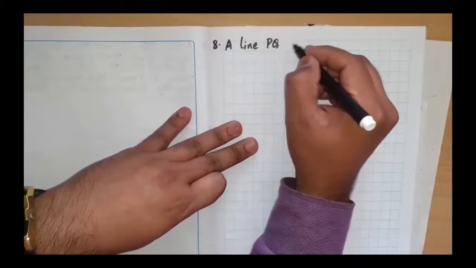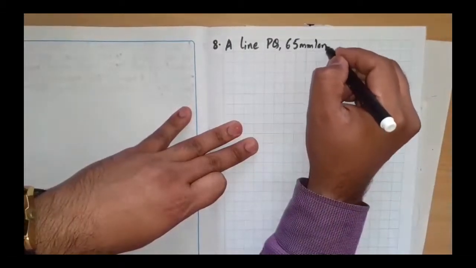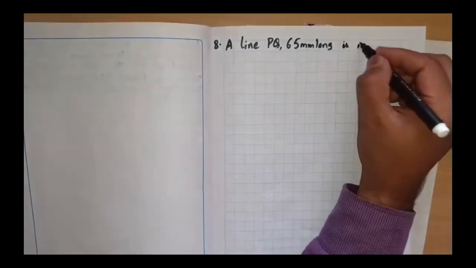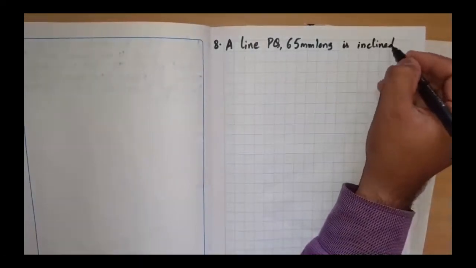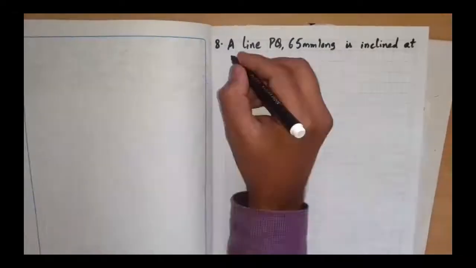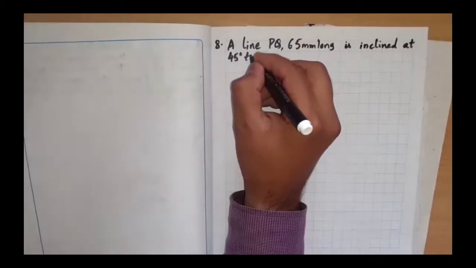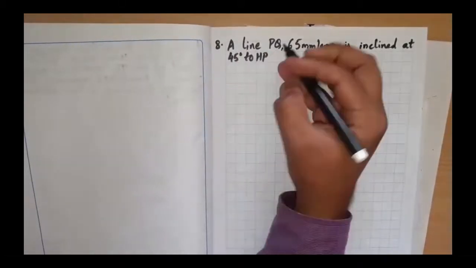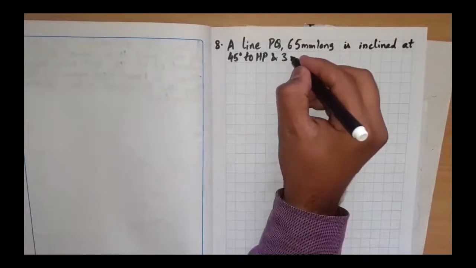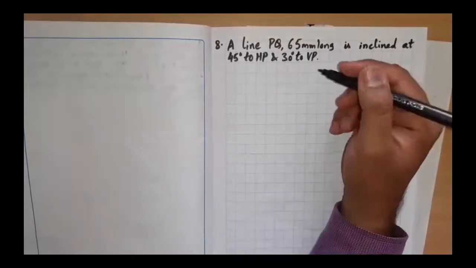A line PQ 65 mm long is inclined at 45 degree to HP and 30 degree to VP.